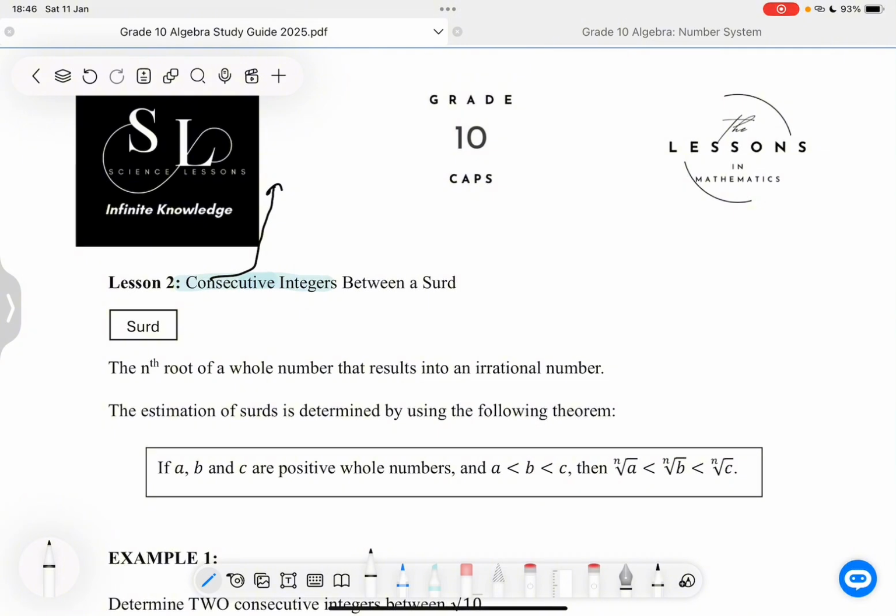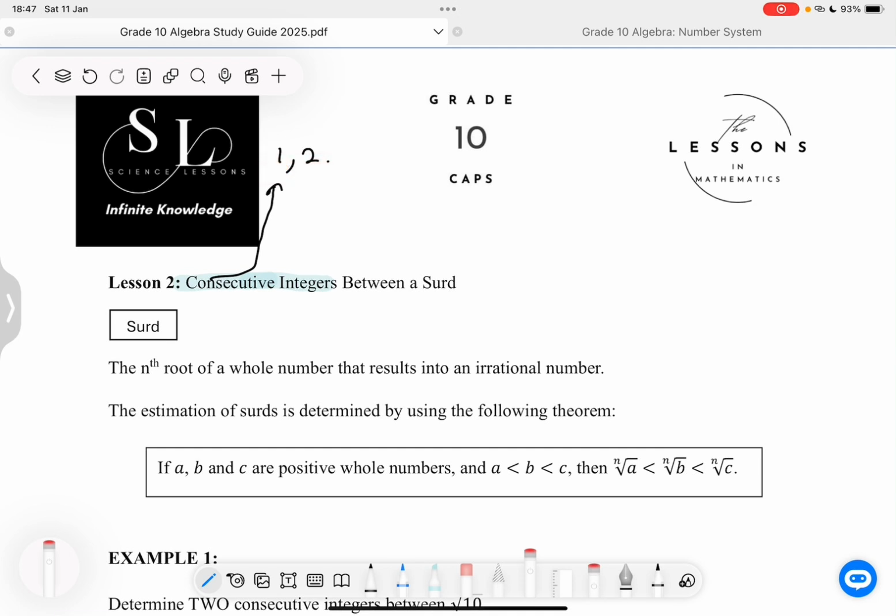So for example, if I have two numbers 1 and 2, these numbers are consecutive. They are integers, of course, because in lesson 1 we spoke about what integers are. But they're not just integers, they're integers that follow each other. The 2 comes after the 1.